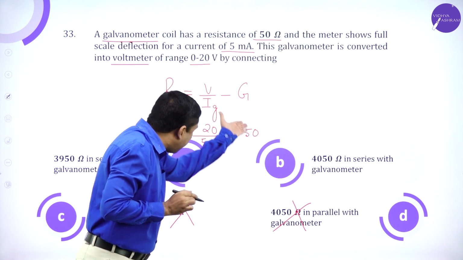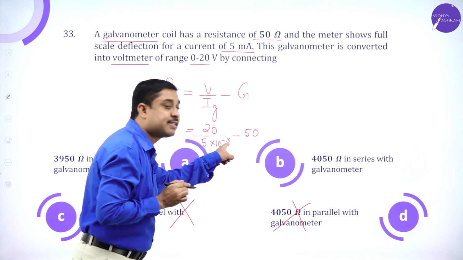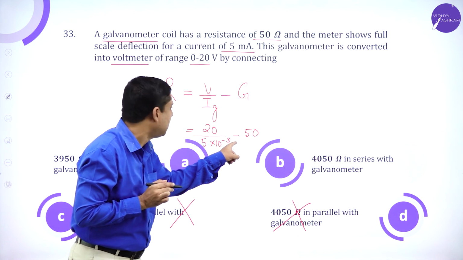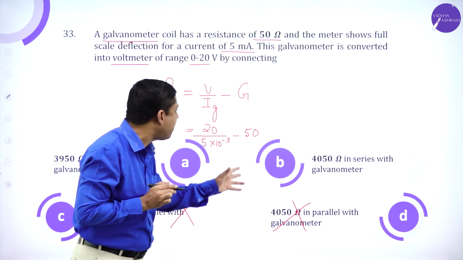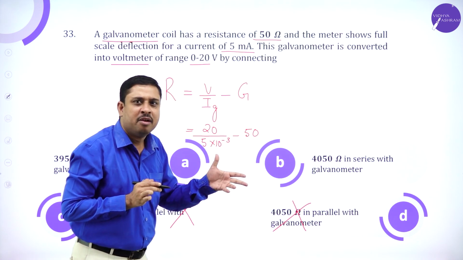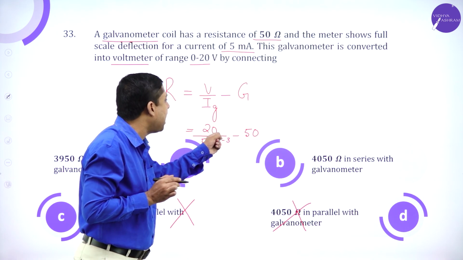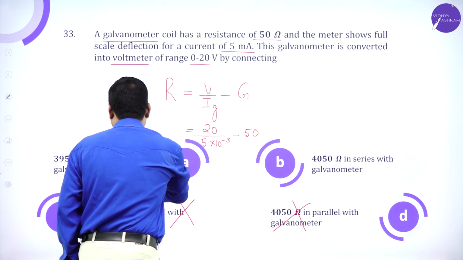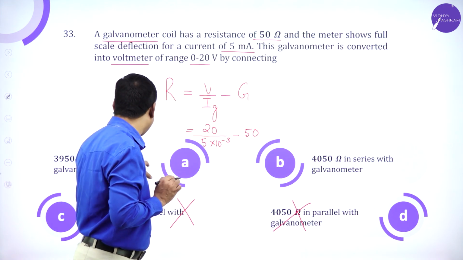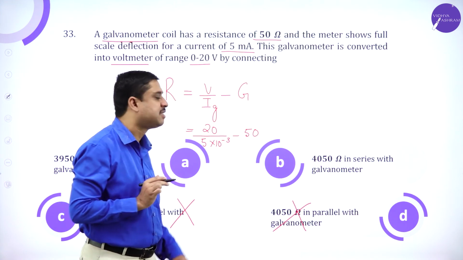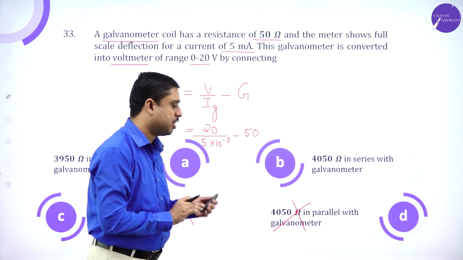If I carefully analyze this expression, 20 divided by 0.005 minus 50 is very much less than 4,000, which means it is 3,950 in series with the galvanometer. So the answer is the first option.